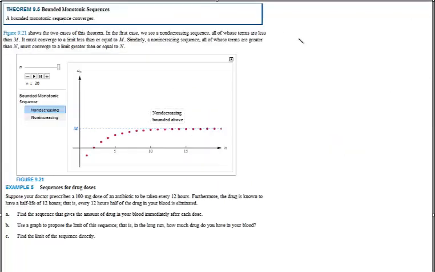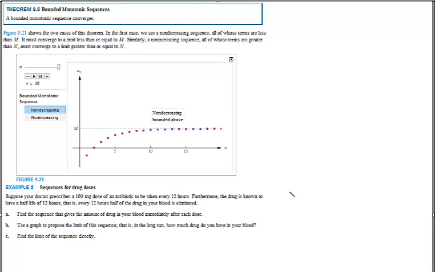The next theorem just states that a bounded monotonic sequence converges to a particular value, a particular M. And there's a picture that shows us this. In example 5, we're going to look at a bounded monotonic sequence, and the particular sequence happens to be modeling antibiotic concentration in the blood.